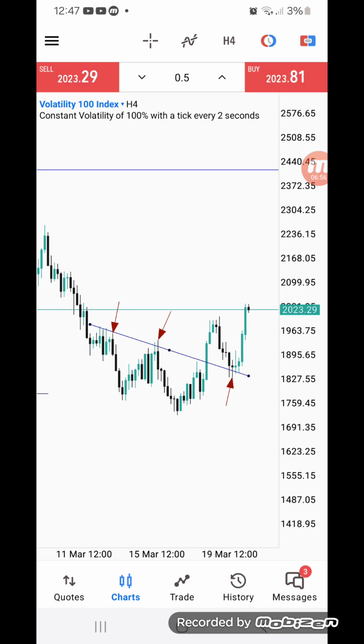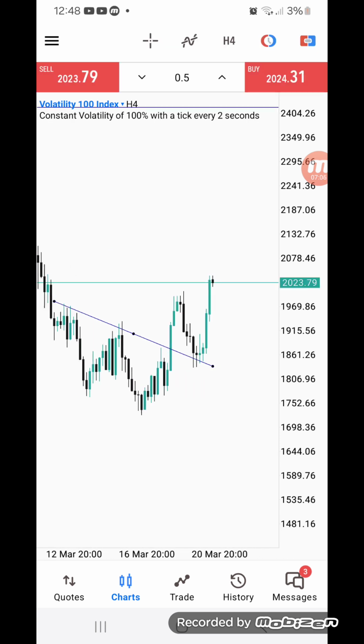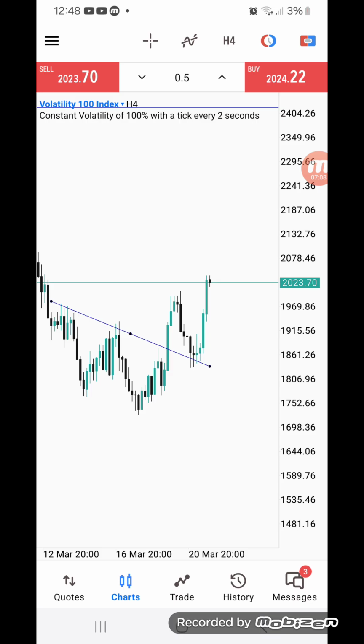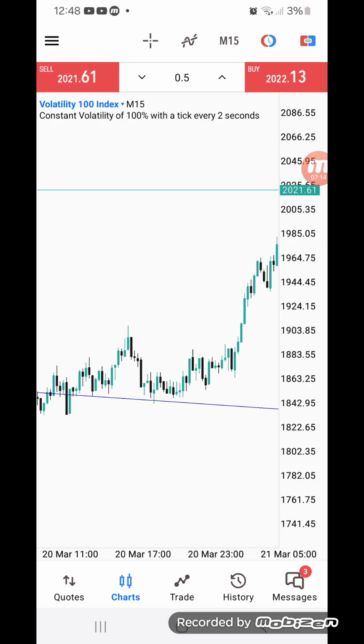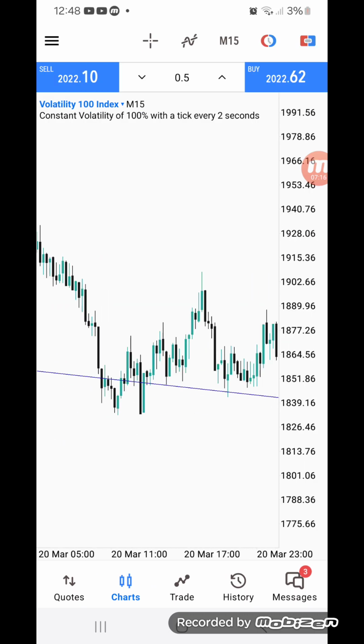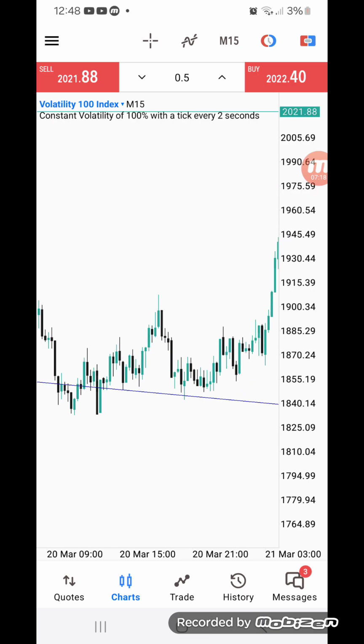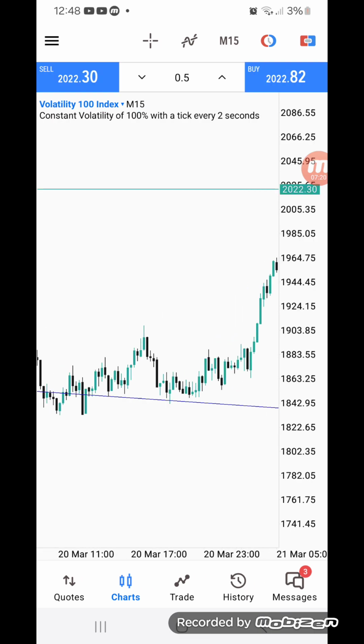Now after seeing the TLBO on the 4-hour time frame, let's go to the 15-minute time frame, because that's where I was able to spot the CRT.